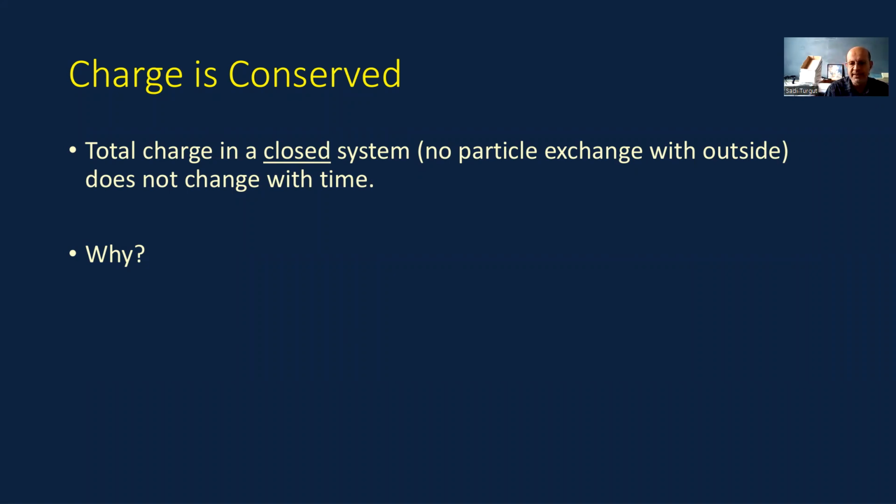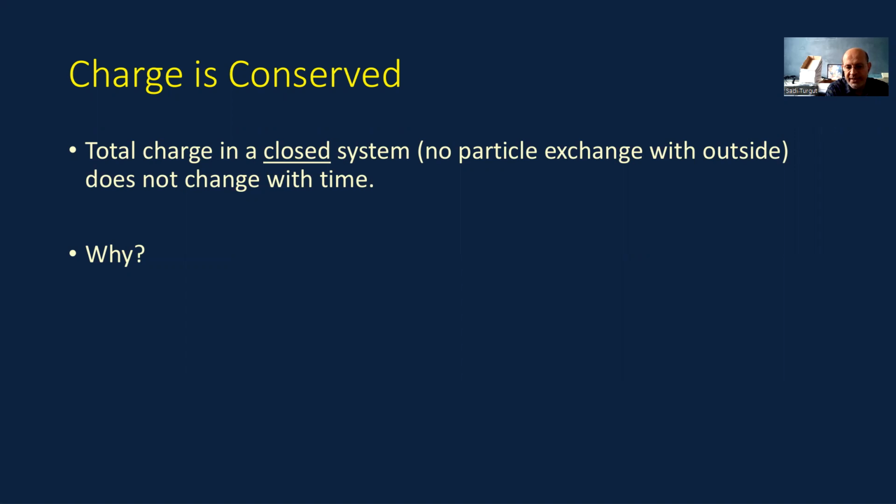It should always be the same. There are examples like neutron decay. A neutron does not have any charge, but in a decay it produces a proton and an electron, which have equal and opposite charges, so their total charge is equal to 0 all the time. So as a result, charge conservation is something that's important.